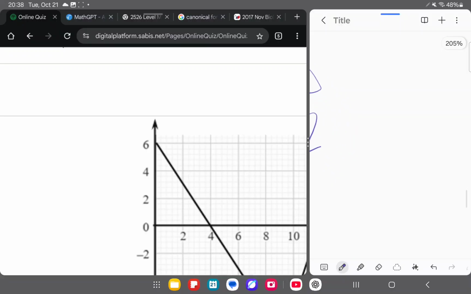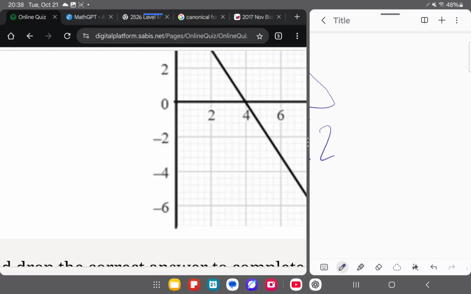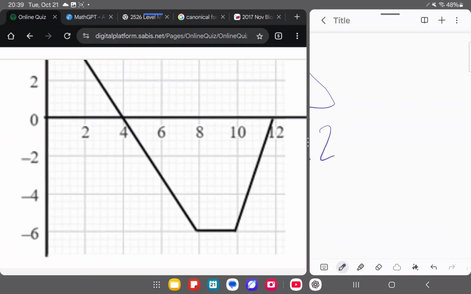And now they want the second one, where it's in the negative sense. If the y is negative, that means the displacement has to be negative. We'll first count everything as normal. We have height 6, base from 4 to 12, so it will be 8, and from 8 to 10, which is going to be 2.